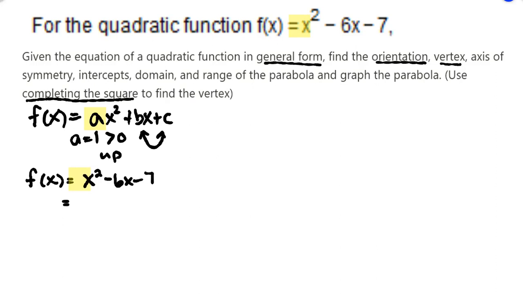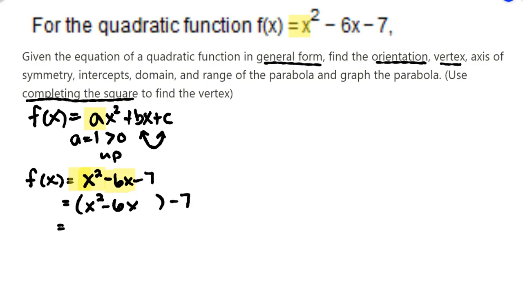In this example, because we have a coefficient of 1, we don't have to do this step. But if there is a coefficient there, you want to factor it out of both the x terms. And you're going to leave that constant alone, and you're only going to group your x terms together.